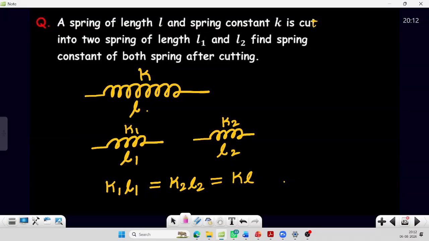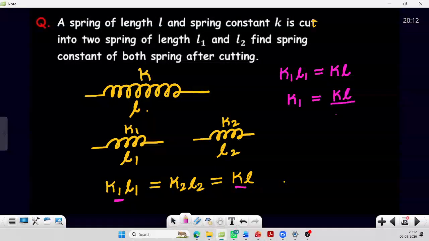Now I need K1, so first we equate the first and third terms. K1 into L1 is equal to K into L. From this, K1 equals KL by L1. This is the spring constant of the first spring.